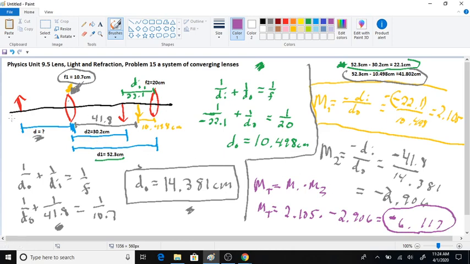Well, let's look at our picture. There's the original orientation. This red one over here is the final orientation, and it is flipped. So when it was positive over here, it didn't flip the image, it kept it in the same orientation. But this negative sign here meant it was flipped orientation, and that's why we went from down to up here. So we worked our way backwards.